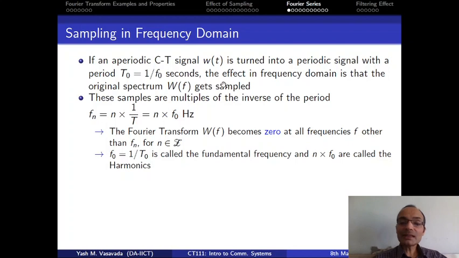We will just get samples of W(f), and those samples are going to be multiples of 1 over T0.